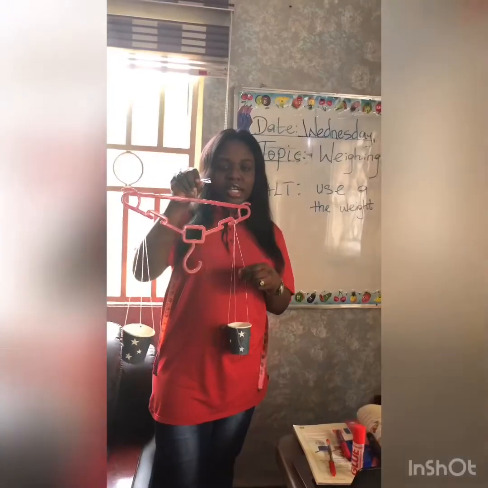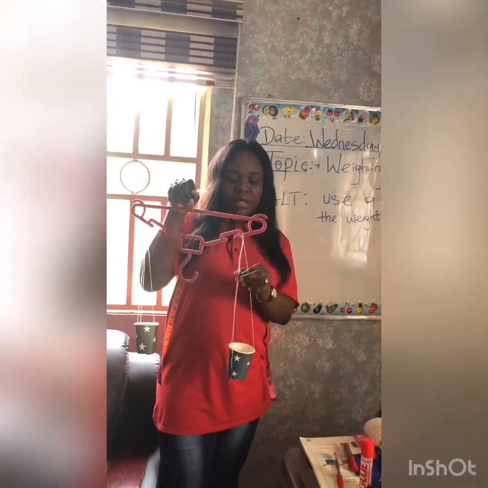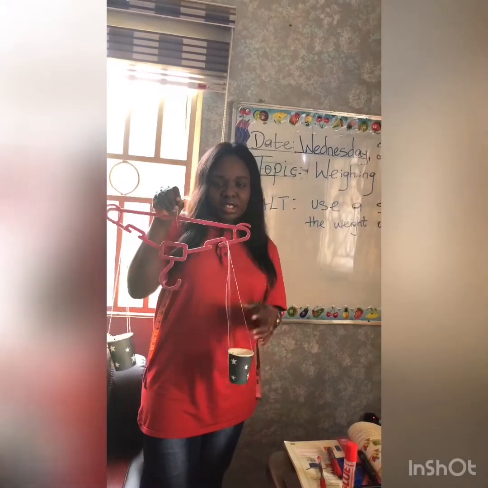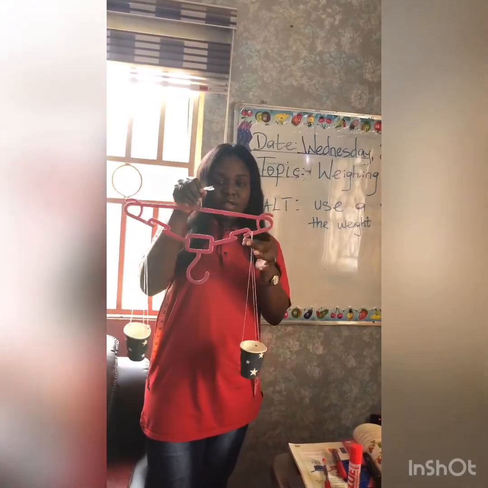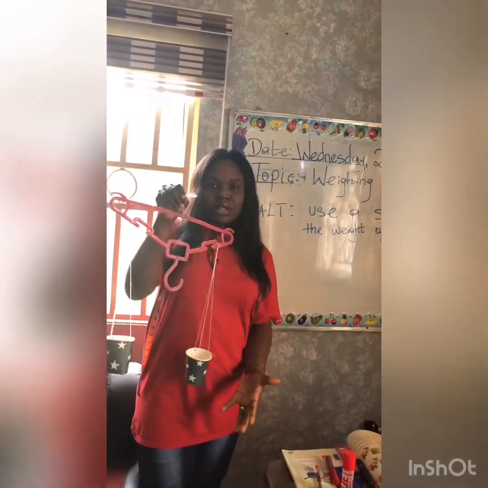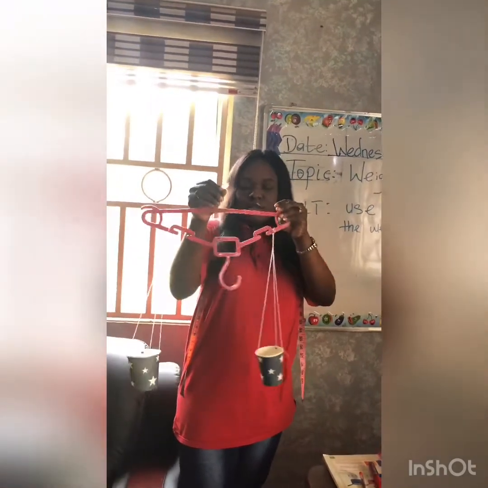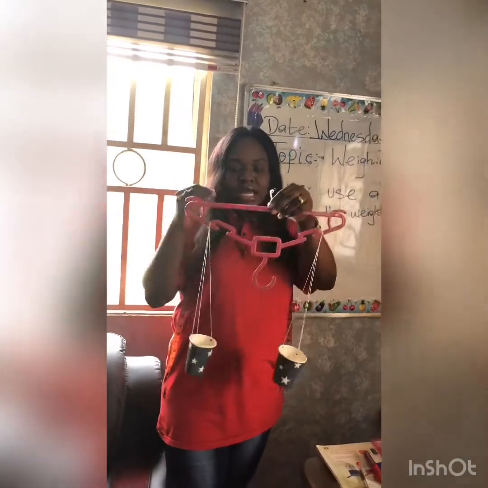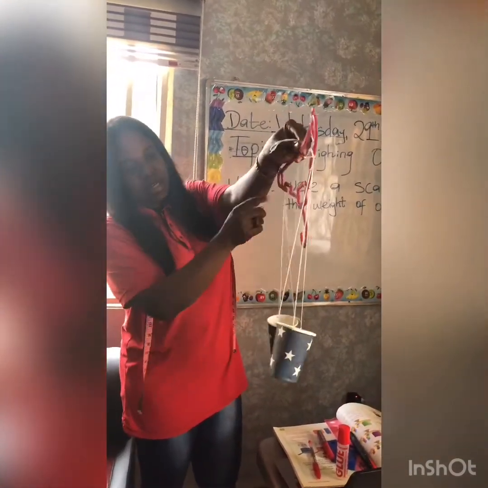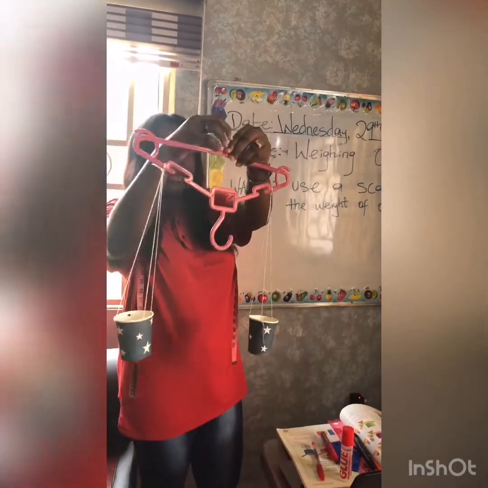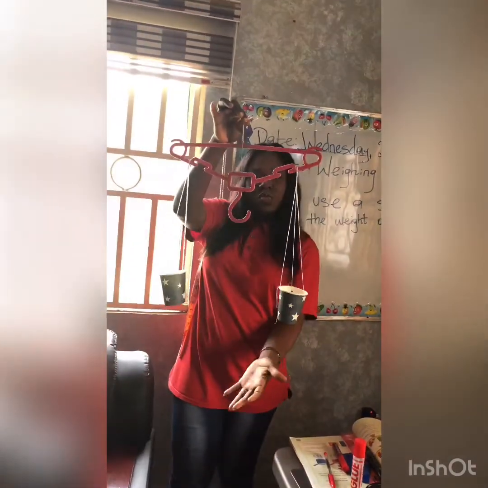Each thread measures about 13 inches, but yours must not be exactly like mine. If you like yours longer, you can extend your own length. So that's basically how I did it. After, I tied it to this place and tied it over here. And ta-da! I got my own weighing scale.